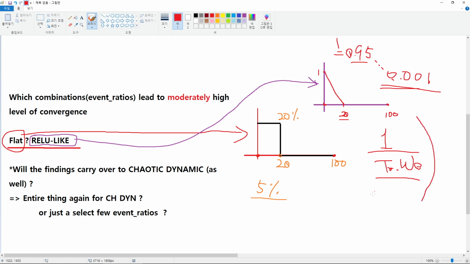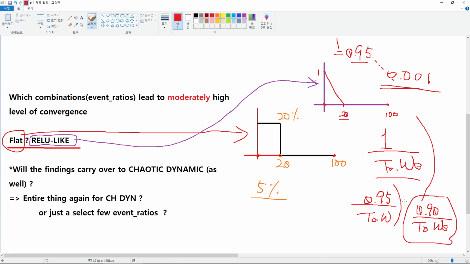The next entity would have 0.95 over the total weight chance of being chosen. The third one would have 0.90, I think, over total weight chance of being chosen. So you get the point.